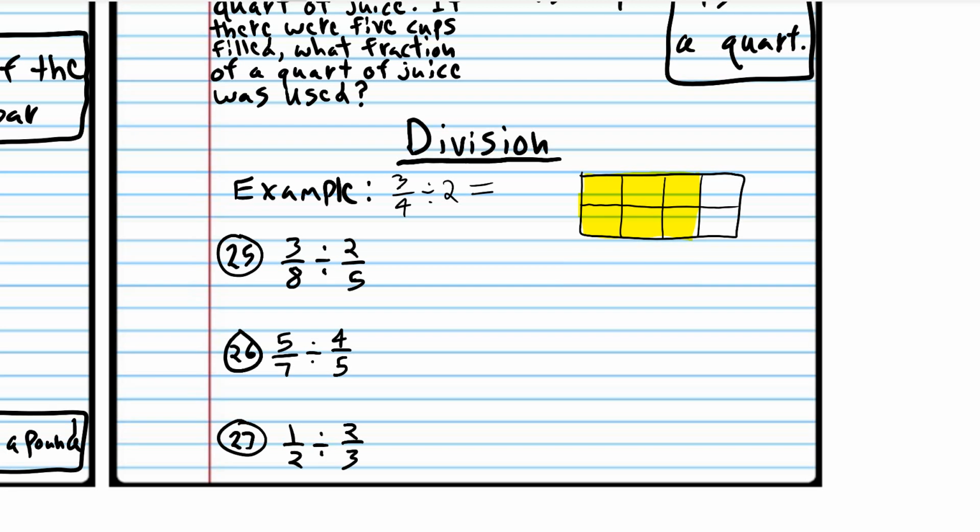But you only want half of that, right? So you're dividing into 2, and you get 3/8. So the new fraction is 3/8. And you can explore that further if you want, but the point is half of 3/4 is 3/8.